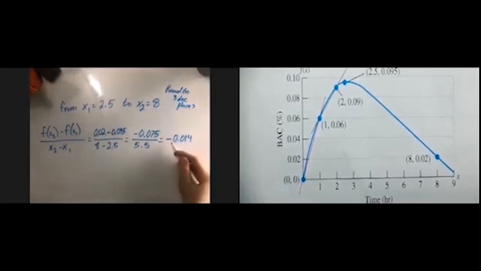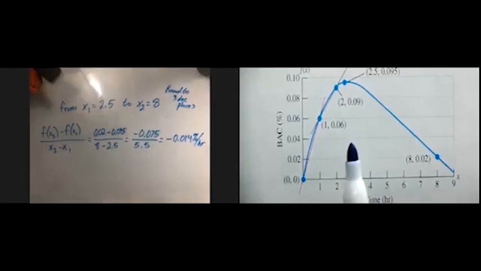So this is negative 0.014% per hour. What does that mean? It means on average, from the 2.5 hour mark to the 8 hour mark, if you imagine the slope of the line between those 2 points, on average, we are decreasing 0.014% per hour.